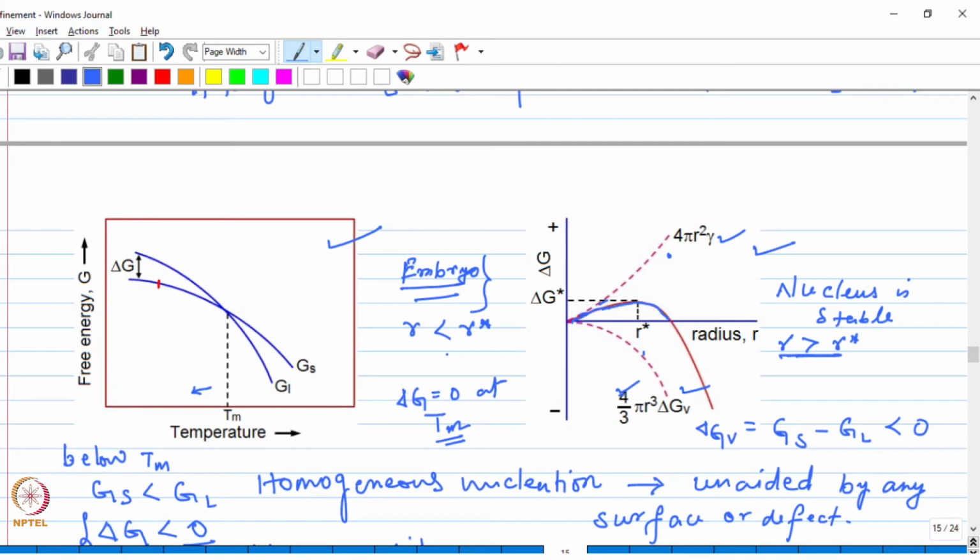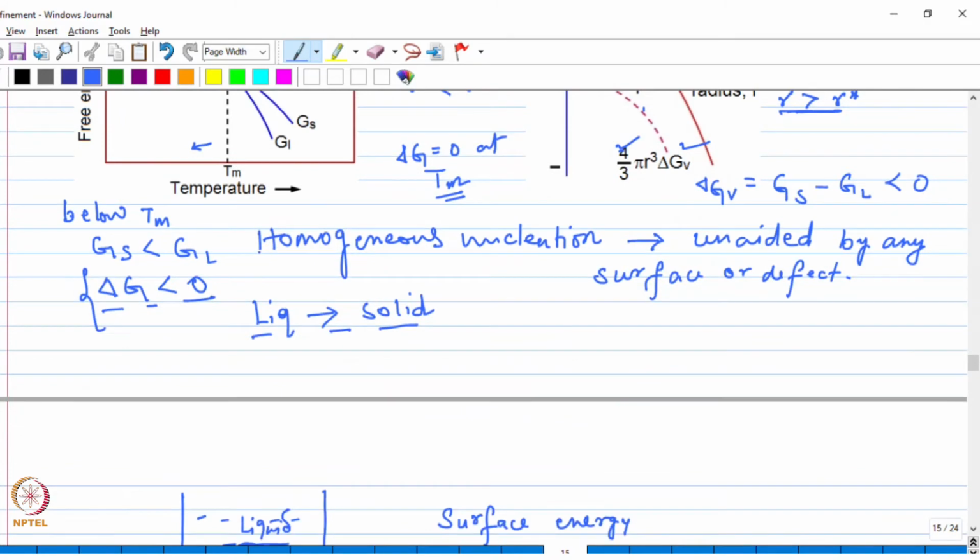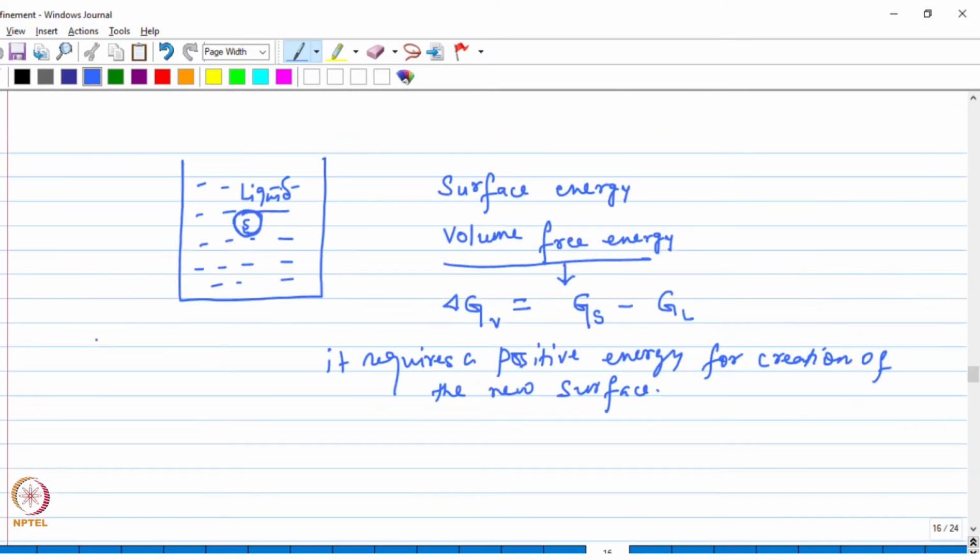Right? So this curve that you see basically represents the energy barrier for the nucleus.